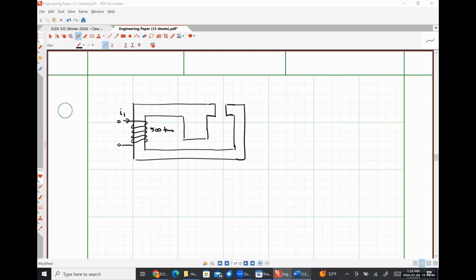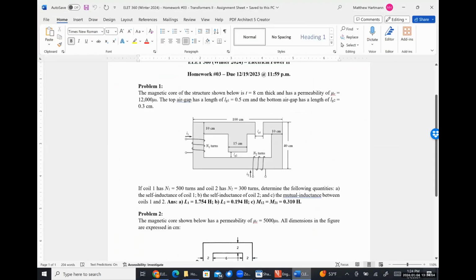And then here we have coil 2 wrapped around in this way, and it has, I think, 300 turns.